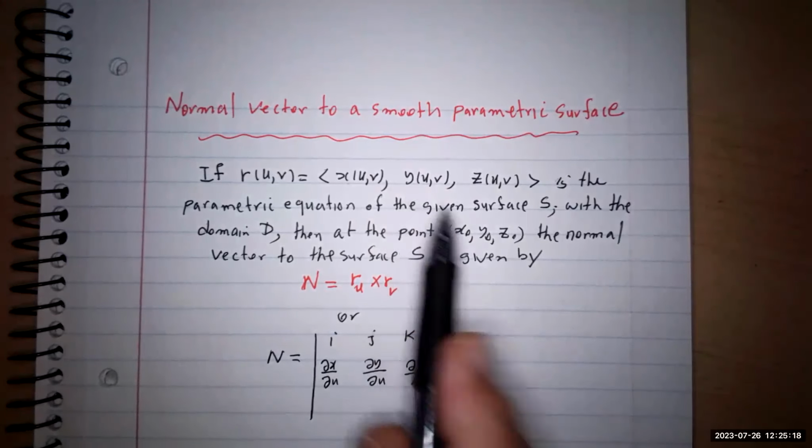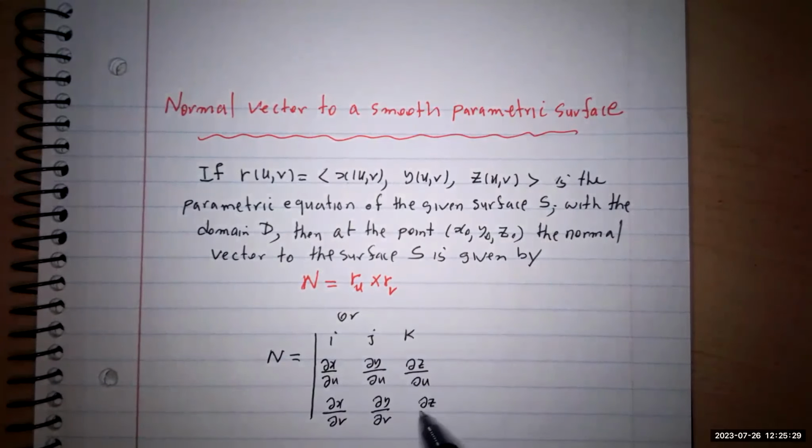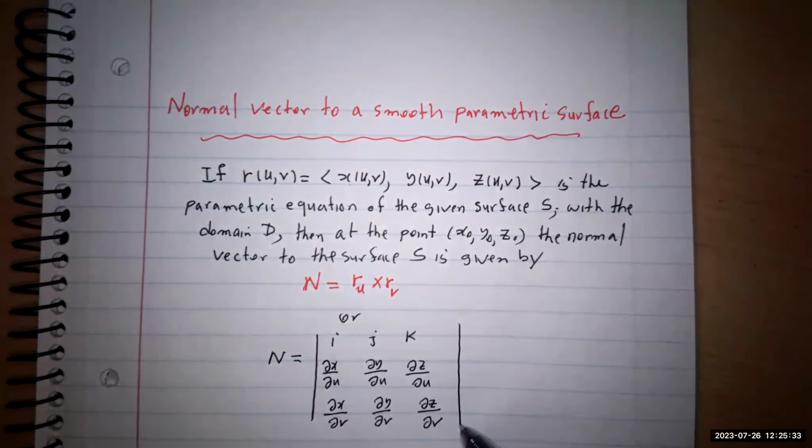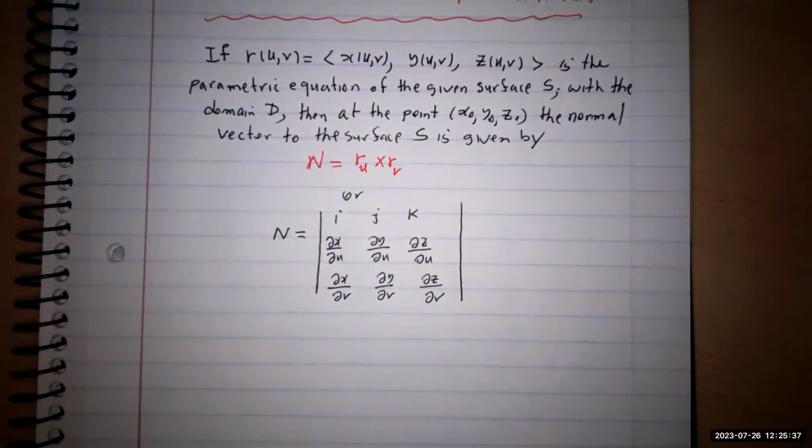And then we go with v: partial x partial v, partial y partial v, and partial z partial v. So the determinant of this matrix is going to be your normal vector.